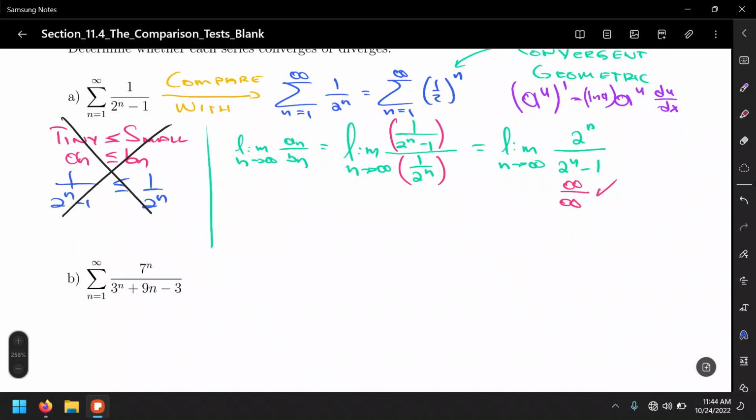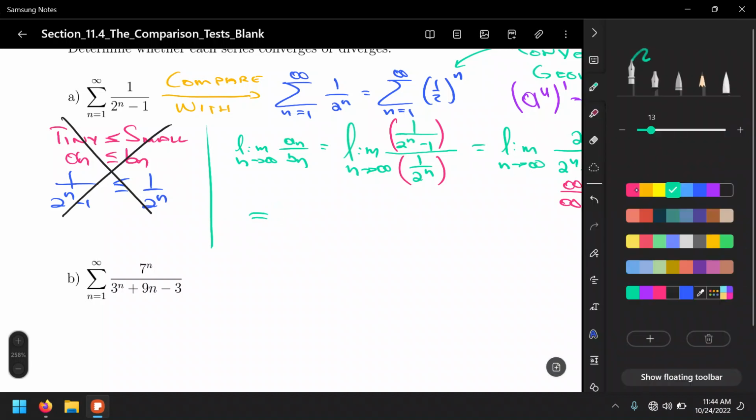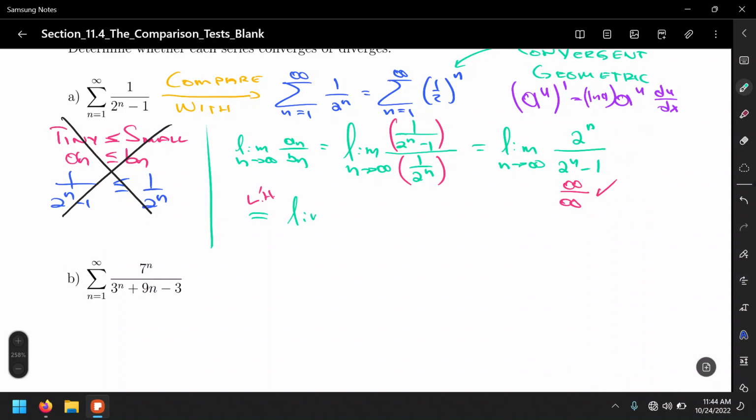So if we use L'Hopital's rule, that's the limit of the derivative of 2 to the n, which is itself 2 to the n times ln of 2, over the derivative in the denominator, which is the same as in the numerator, 2 to the n times ln of 2, but the derivative of -1 is 0.